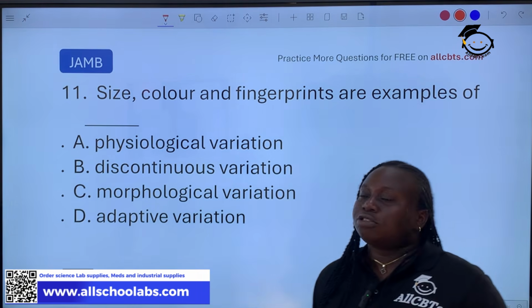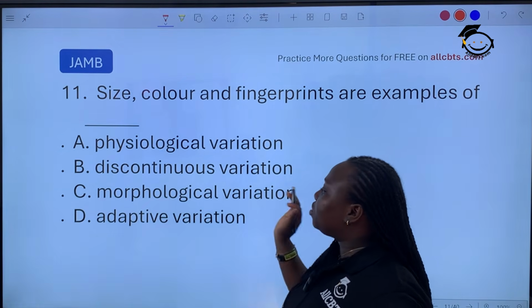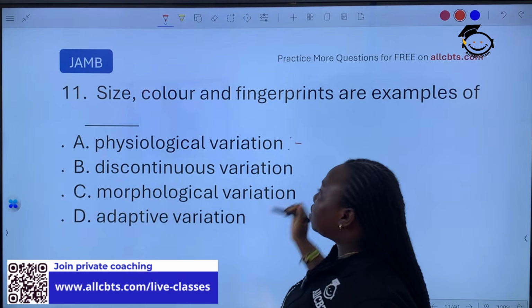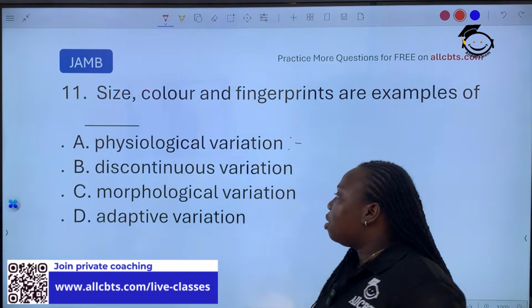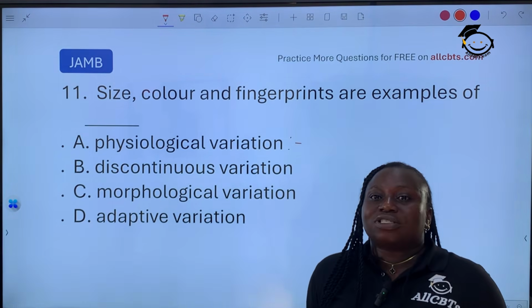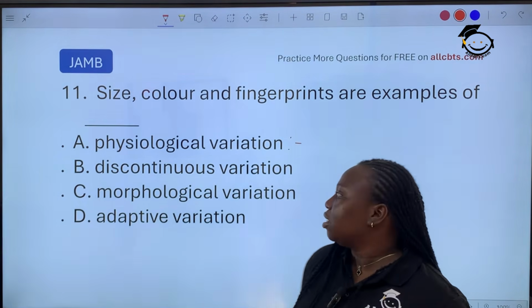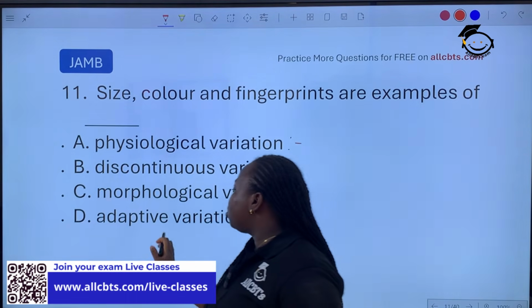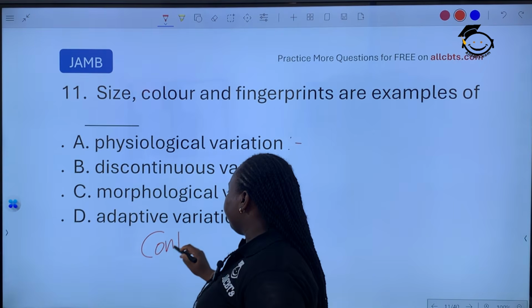Now, don't forget that we talked about physiological and morphological variation. We said that physiological is the internal body structures, while morphological variations are the ones that we can see. Now, we also have a group of variation that is called continuous and discontinuous.